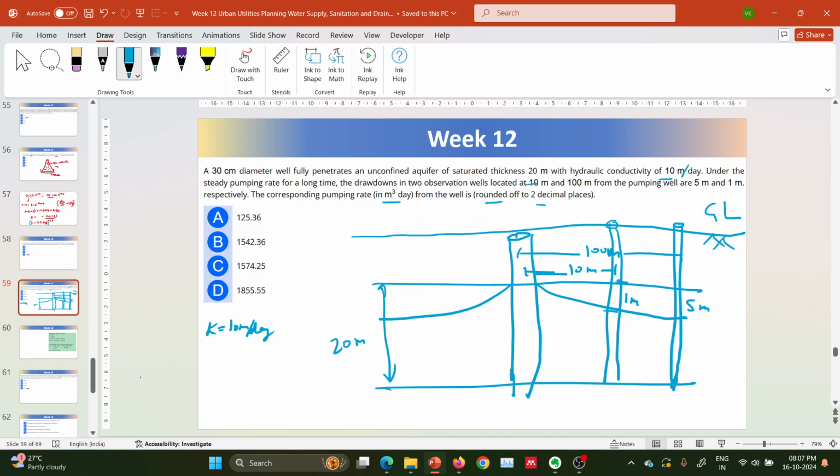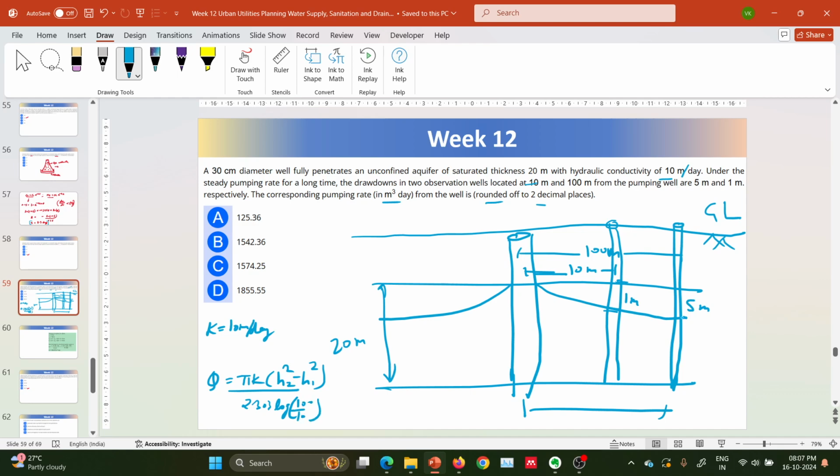The corresponding pumping rate from the well, we need to calculate. Q is equal to pi K times h2 square minus h1 square divided by 2.303 log of 100 divided by 10.